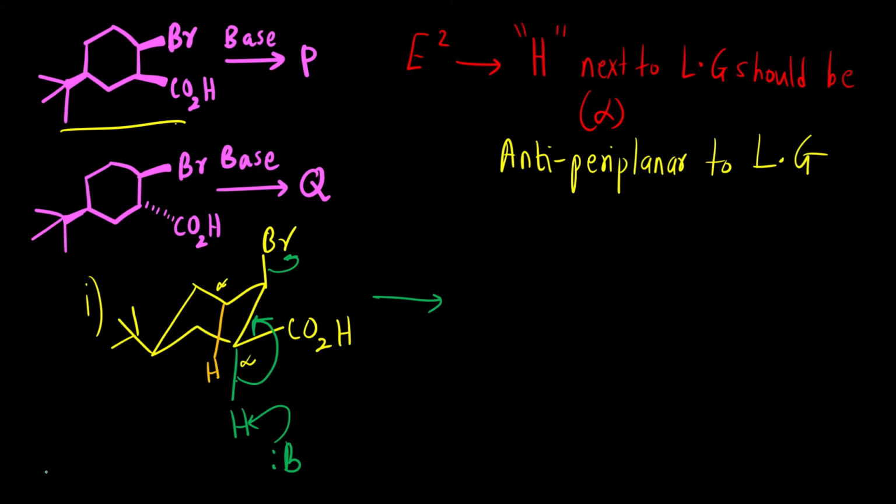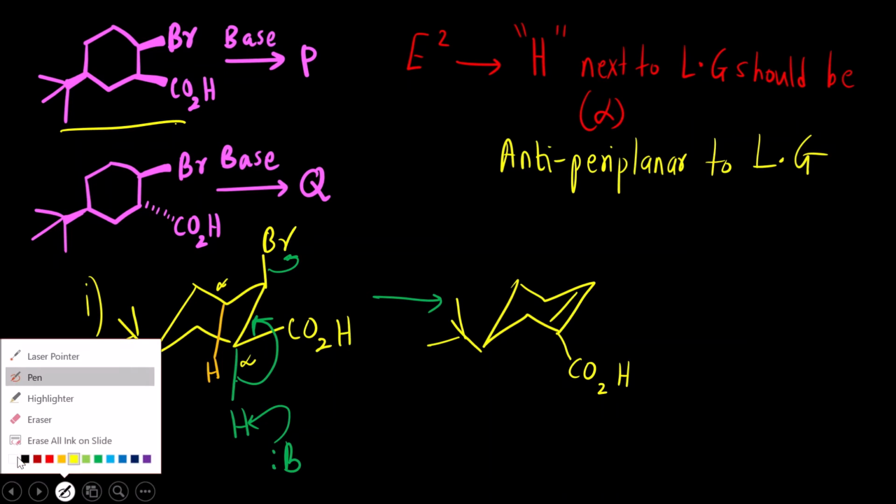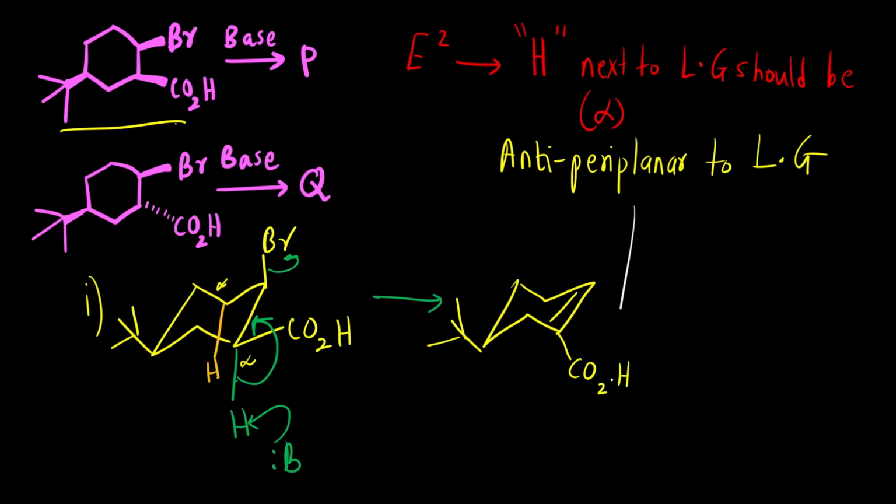Why is the more substituted alkene stable? Because of hyperconjugation. So you get the double bond, and here there is CO2H, and above the plane there is this tertiary butyl group. Similarly we have to draw the other one. Now the second one: Br and the tertiary butyl group positions are the same.